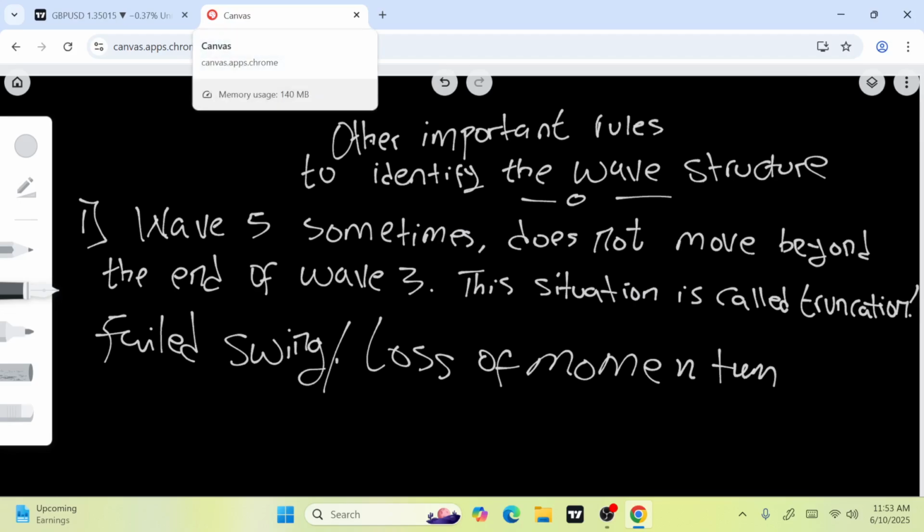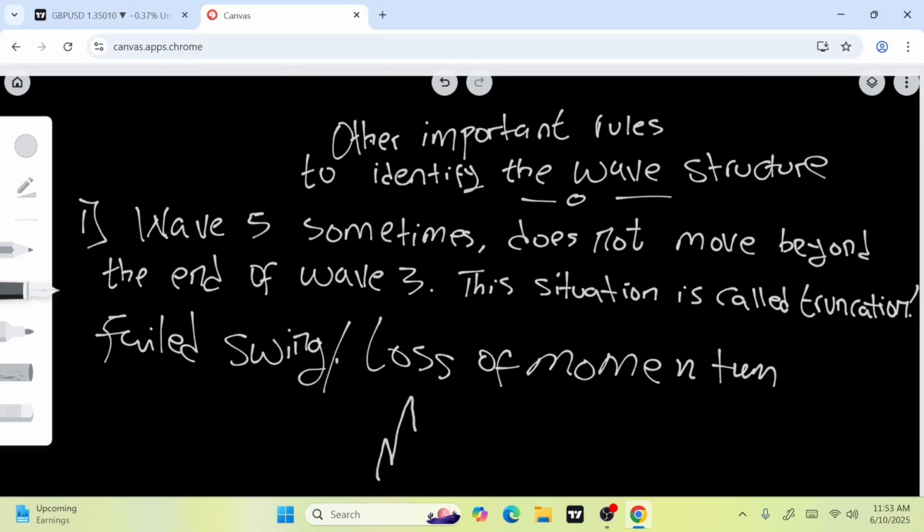Now, do you get it now? Yes. Is this understandable? Which implies that once you have wave one, wave two, wave three, wave four, where is the end of this wave three? This point. Is that not so?